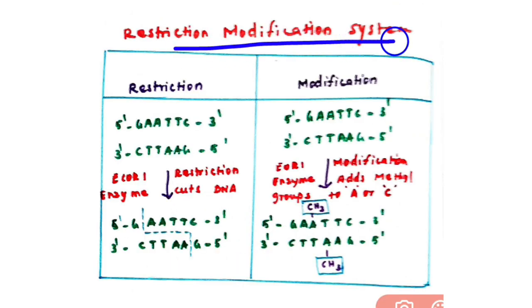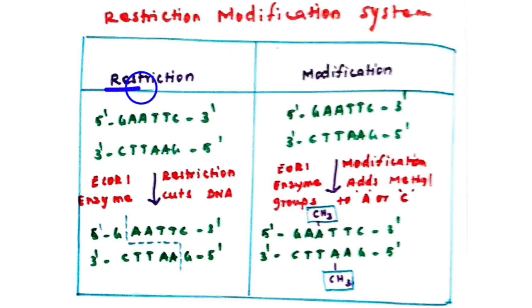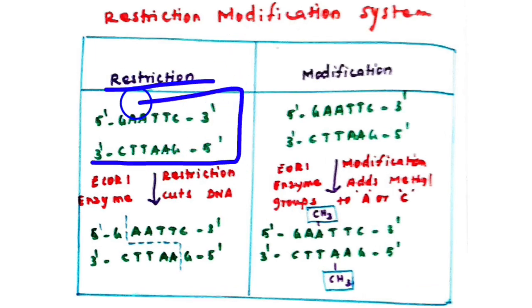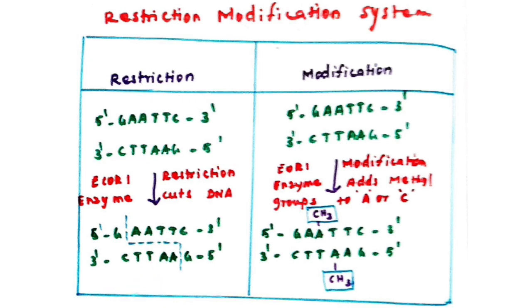So this is the restriction modification system in bacteria. The restriction enzyme present in bacteria recognizes its restriction site in foreign DNA. This restriction site is in the bacteriophage, and it cuts between G and A and makes the bacteriophage DNA into smaller fragments. Whereas the modification system recognizes the same restriction site, EcoRI's restriction site, in the bacteria's own DNA.